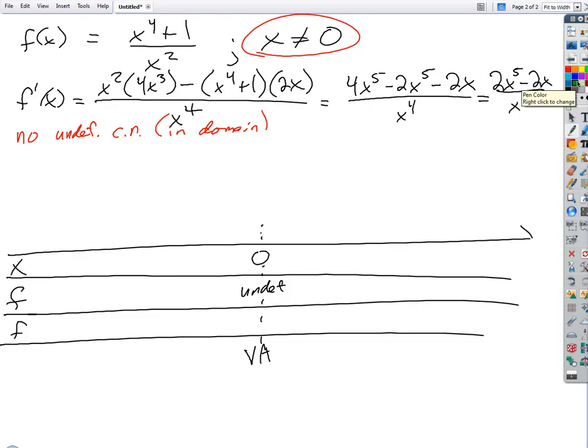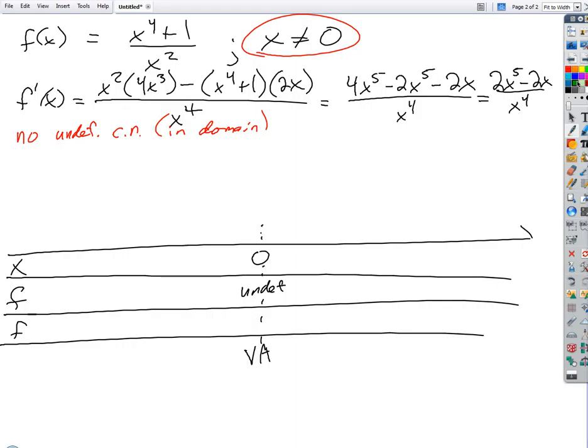Yeah. Yes. Now, where can we trade our big ugly function for an easier equation that's going to identify the zeros of the derivative? In other words, the 0 of a fraction is the 0 of the numerator.